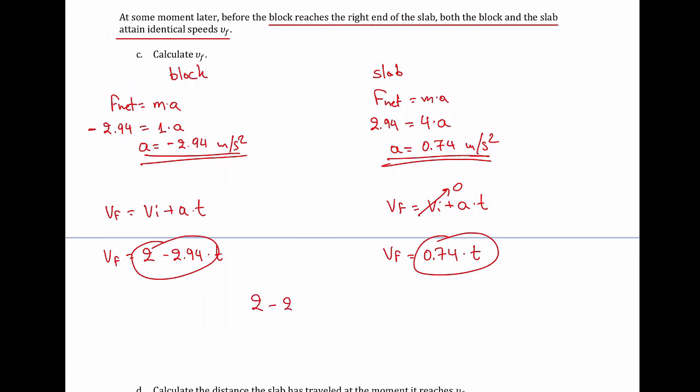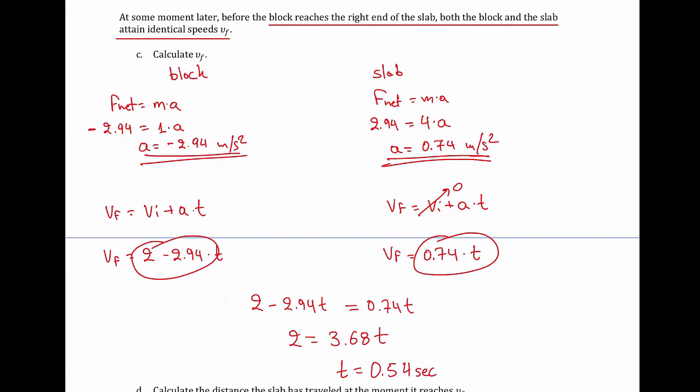So 2 minus 2.94t is equal to 0.74t. So 2 is equal to 2.94 plus 0.74, which is 3.68, times t, and if we divide 2 over 3.68, the result is 0.54 seconds. So the time is equal to 0.54 seconds.